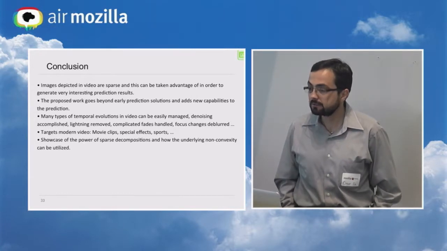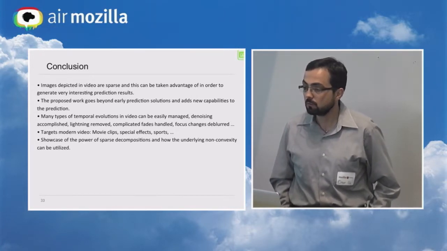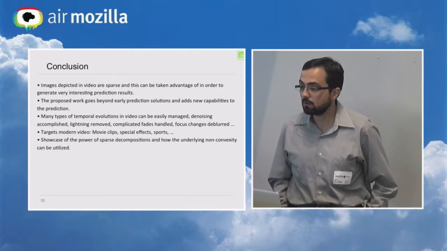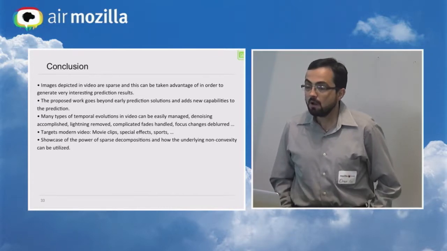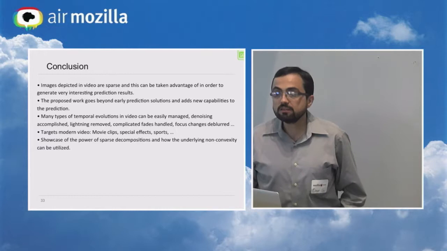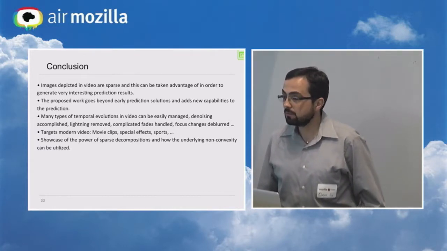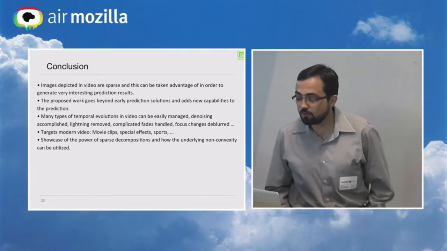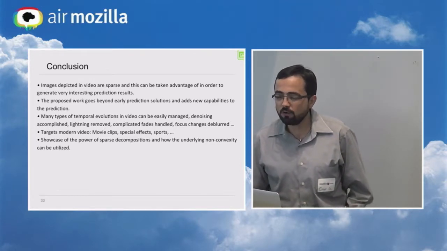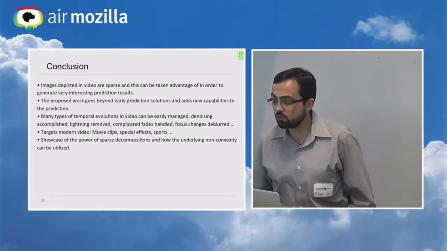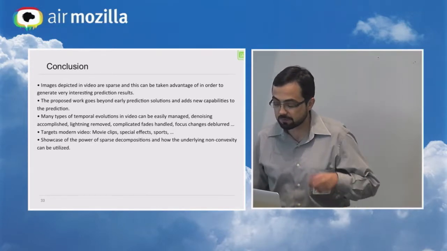So Jean-Marc asks, what exactly is overcomplete buying you over critically sampled? I think critically sampled is going to be very blocked. Repeat the question. Sorry. What does an overcomplete decomposition buy you over a critically sampled decomposition?